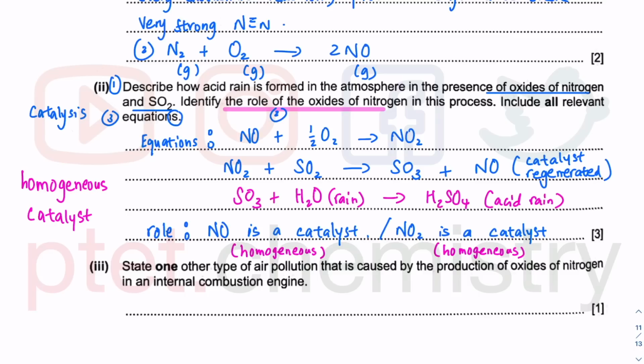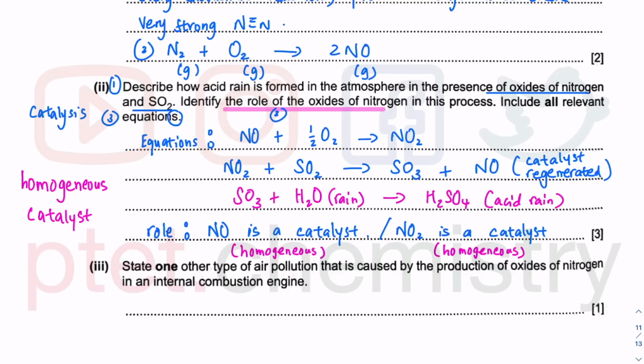Now, what did I say? I said the NO2 could also be a catalyst, because with these two equations, depending on which one you write first, if I write this second equation first, that means I started from NO2, I will regenerate NO2 as a catalyst, therefore NO2 is a catalyst. But if I start from NO, I'm regenerating the NO, therefore the NO is the catalyst.